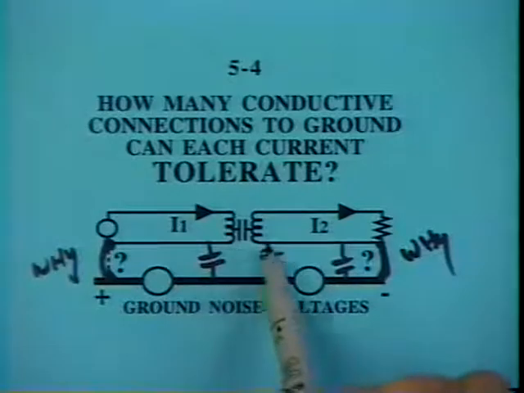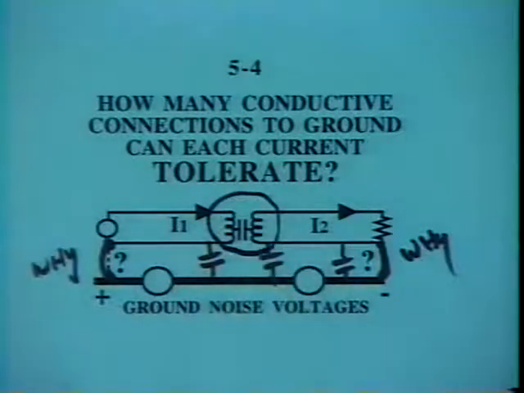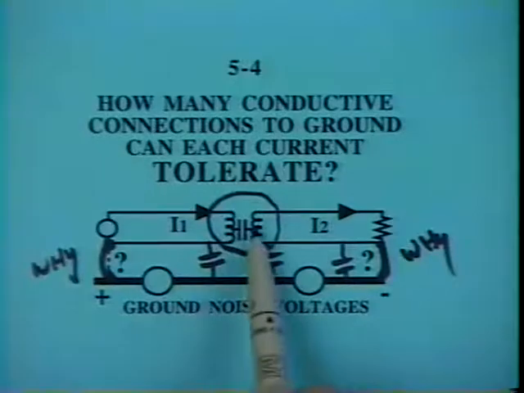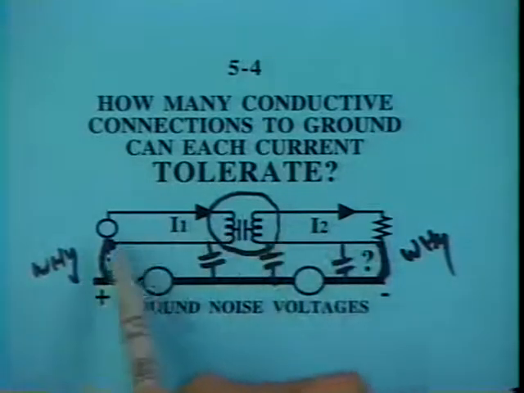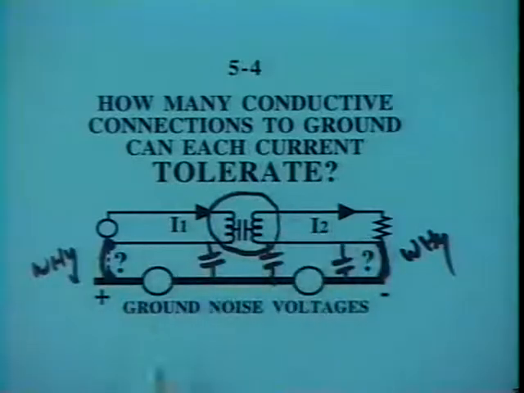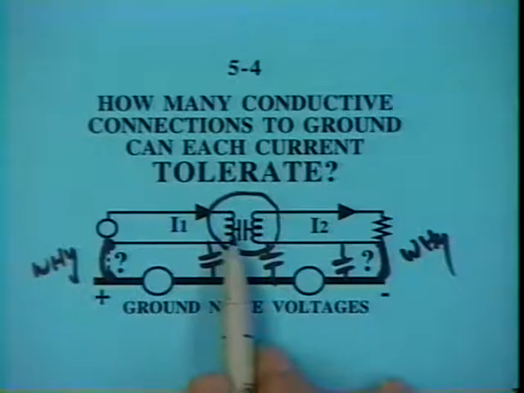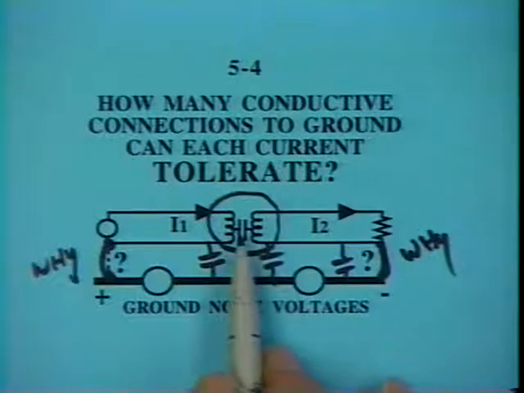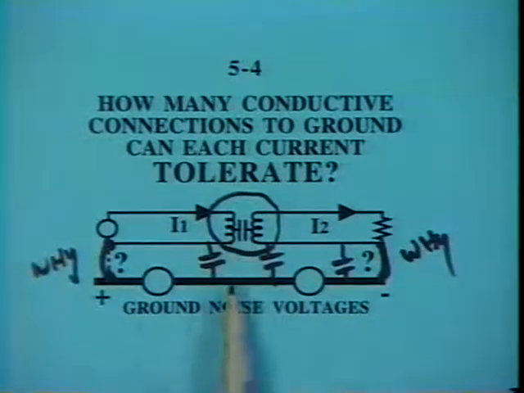If the signal isolating device, the transformer, if it's doing its job, we may still be okay. In fact, we may now see why there's a need for this device. The isolating transformer breaks up what could otherwise have been a very low impedance, that is, high current carrying ground loop. If the capacitance from the primary side to the secondary side is small enough for the frequencies involved here, this could be an acceptable situation.